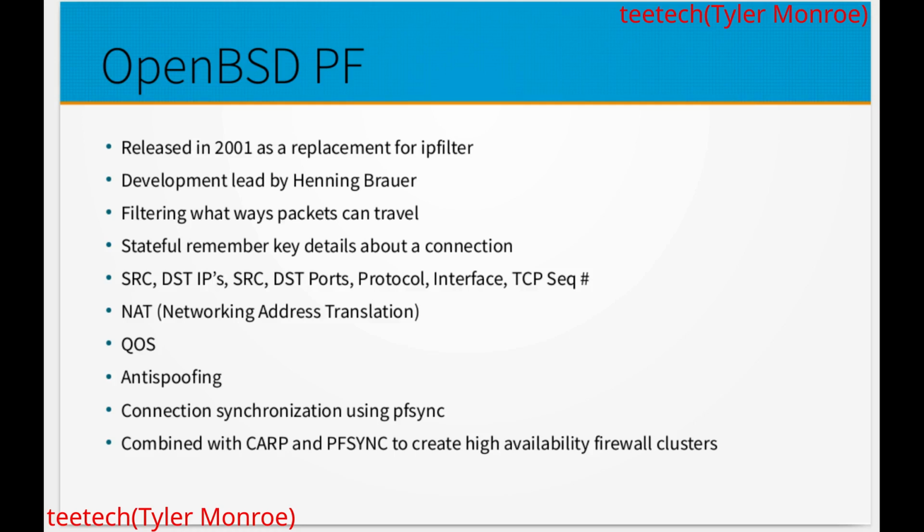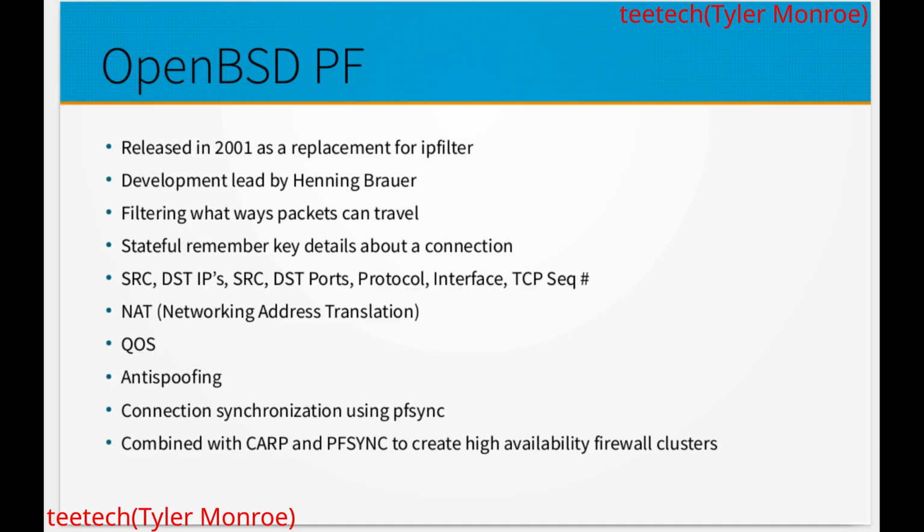It can remember layer 4 information like the source and destination port numbers. It can differentiate on the protocol, whether it's TCP or UDP. It can take note of what interface that packet came in on, as well as what interface it should go out on, and also things like the TCP sequence number. It can keep track of things like that. But that's the stateful portion of it.